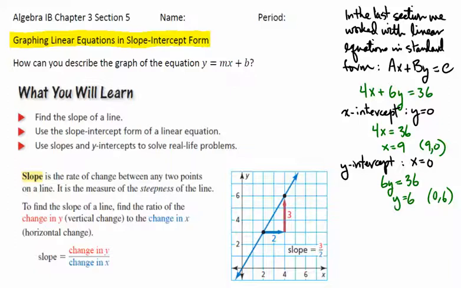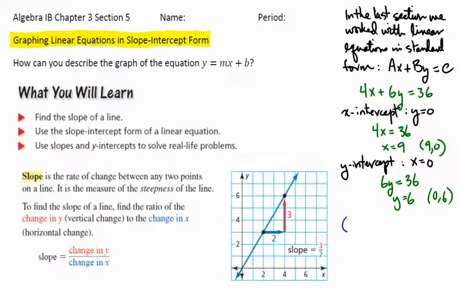Now, if you notice what we just did, to find the x-intercept, all we did was divide the 36 by the coefficient, that is the number we multiplied x by, which is 4. We divided 36 by 4, and we got the x-intercept.